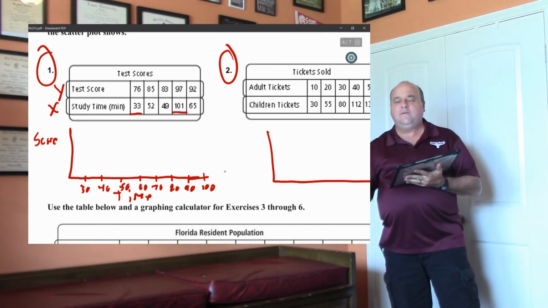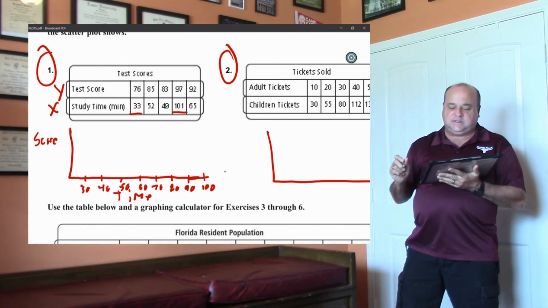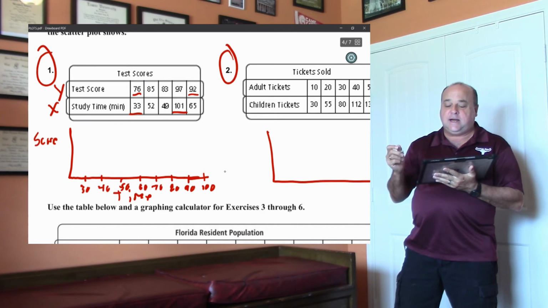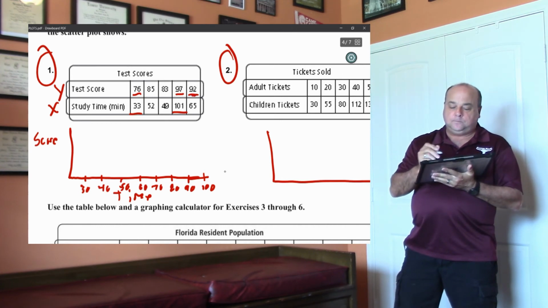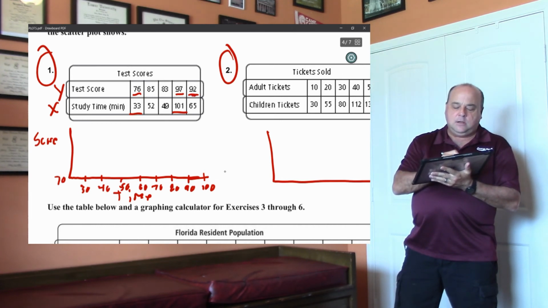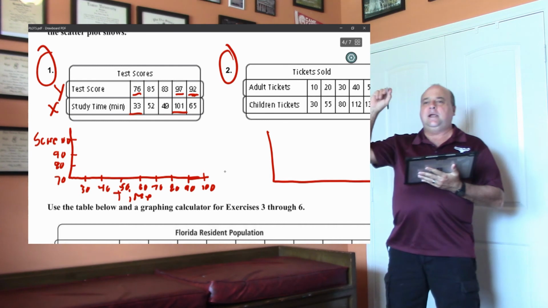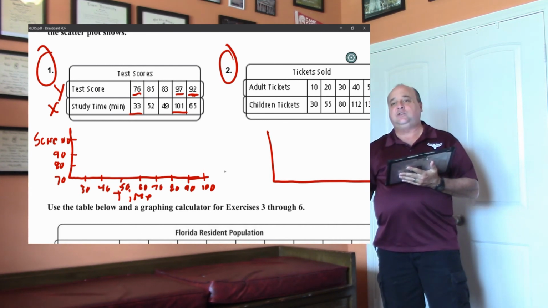You're just making a rough graph. Try to make these spaces the same. Then the test score is going to go from a 76 to a 97. So let's start at 70 and then do 80, 90, and 100. And then you're going to make a rough estimate of where these dots would be.